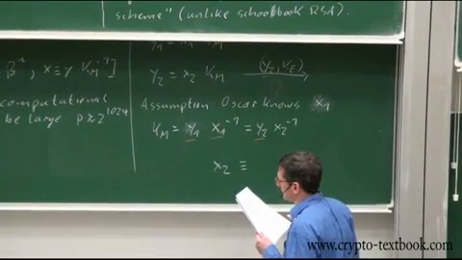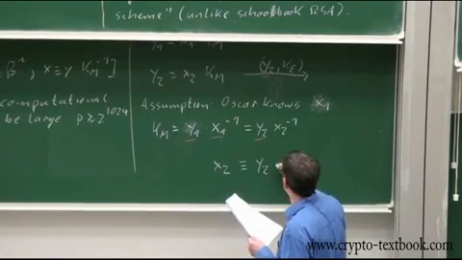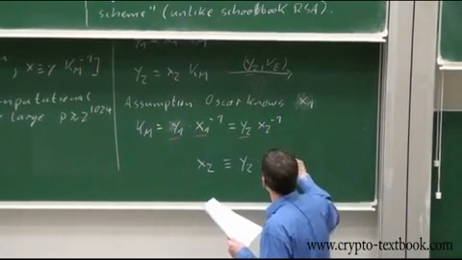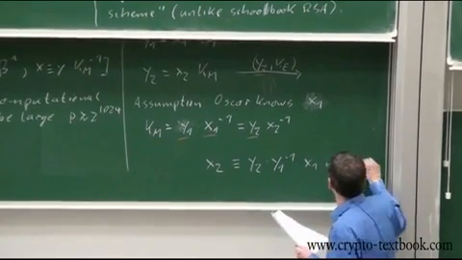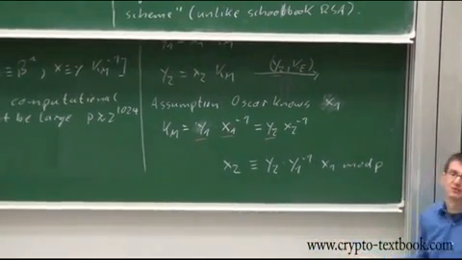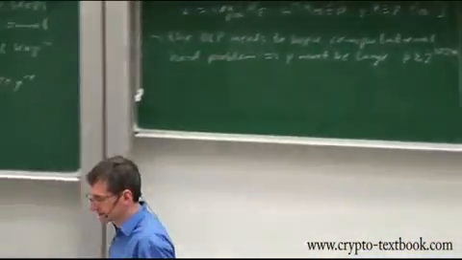X2 becomes Y2 times the inverse of Y1 times X1 modulo p, and he computes the ciphertext as a plaintext.